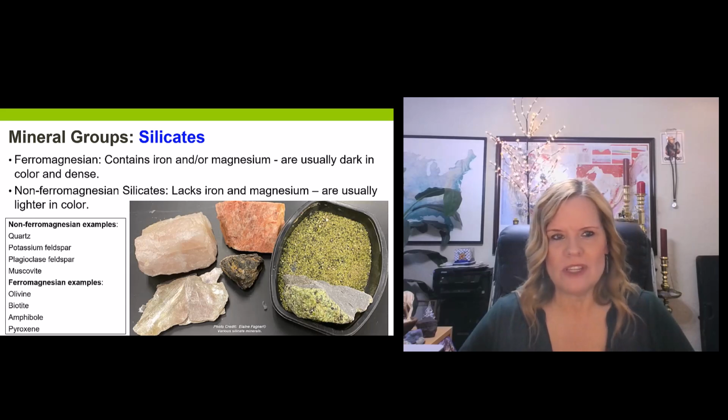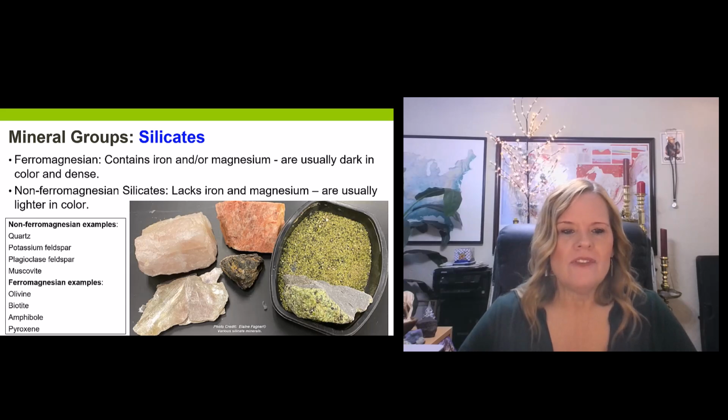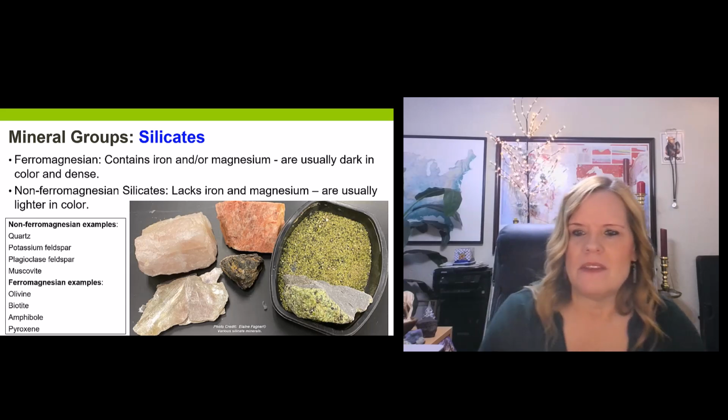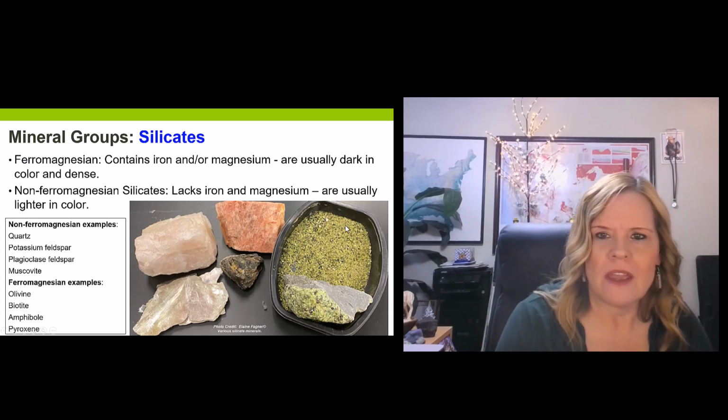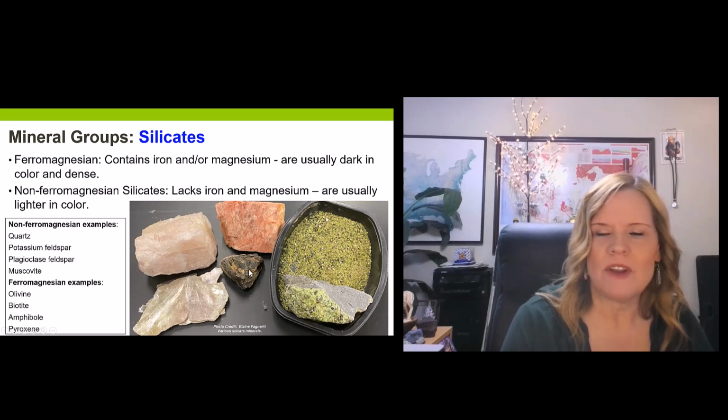The ferromagnesian ones are darker and more dense. So an example might be, this is a non-ferromagnesian right here. It lacks a lot of iron and magnesium. It's lighter in color, but this one right here is a form of olivine. This would be an example of a ferromagnesian.